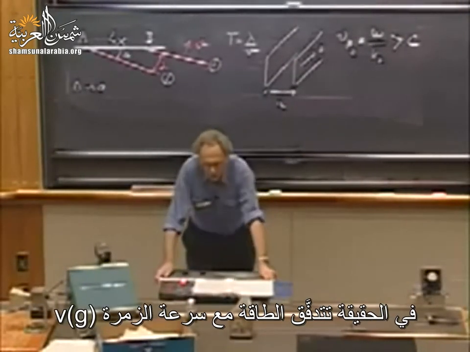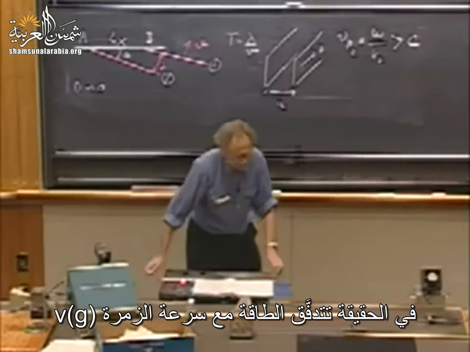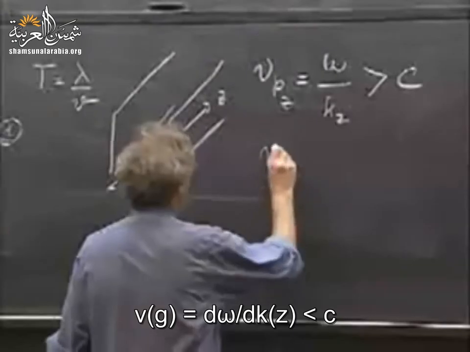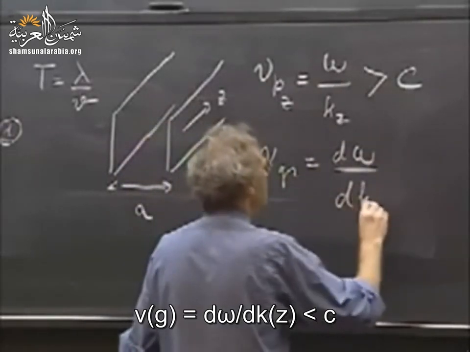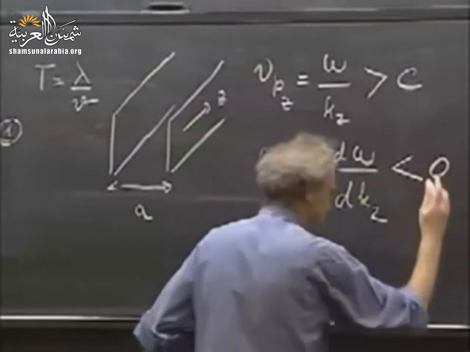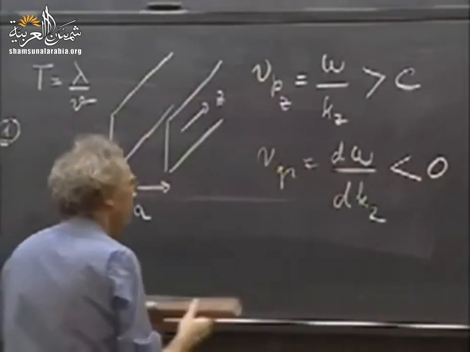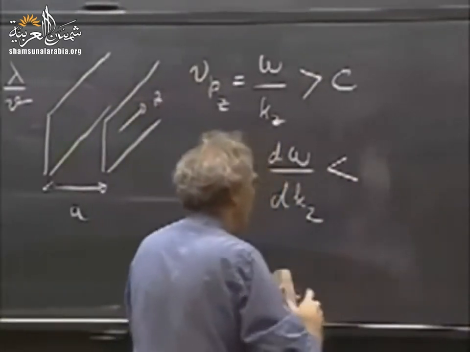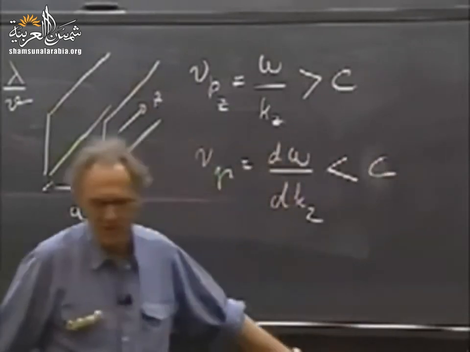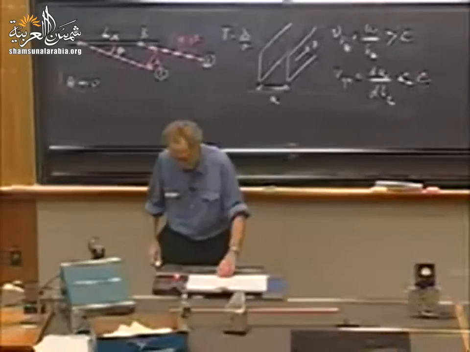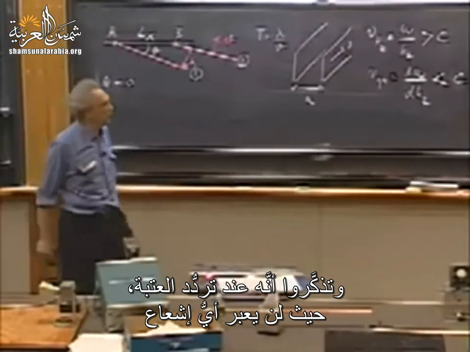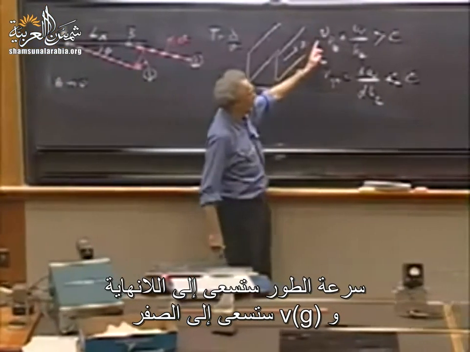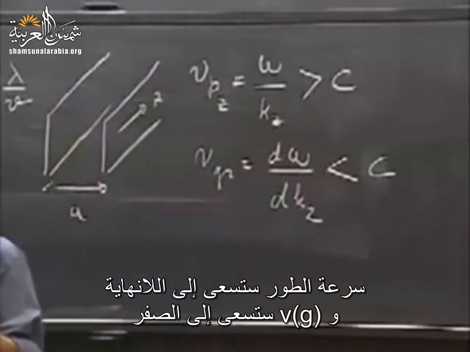In fact, the energy flow is with the group velocity, which is d omega dkz, and that was always less than c, as you perhaps remember. Not zero, my enthusiasm is getting carried away, it's less than c. And remember, at the cutoff frequency, where no longer radiation would go through, this phase velocity went to infinity, and the group velocity went to 0.